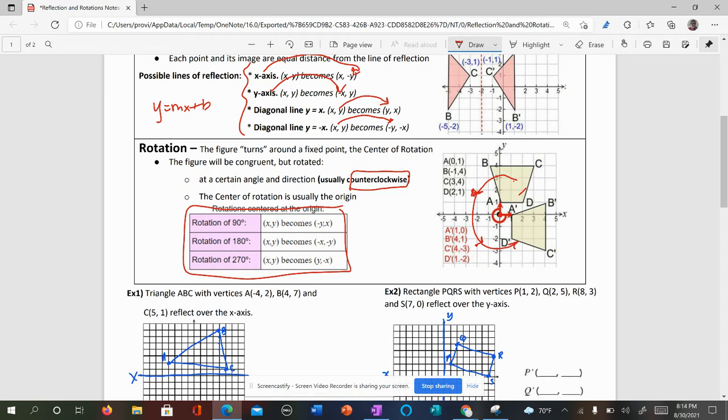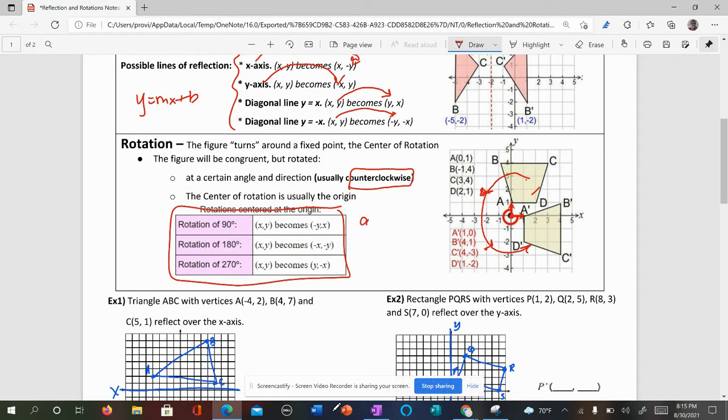Over the years, I found it easy to memorize so you could write it down quickly. If you're going to do 90, 180, 270, I just flip them, flip it again, and flip it again.